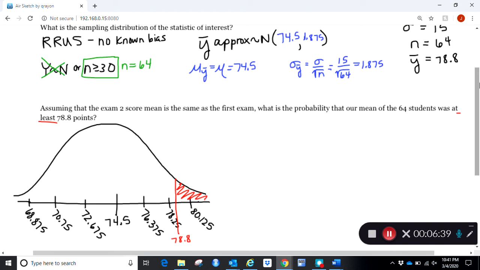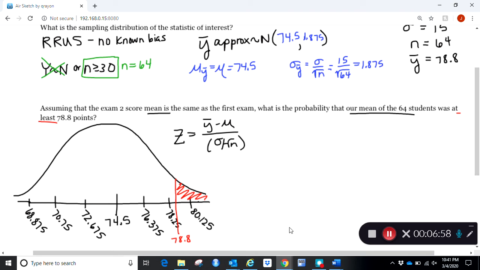Since we're looking at the mean of the 64 students, we're going to be using that Z-score that looks at the mean of n values. So this will be the Z-score formula that I'm going to use.